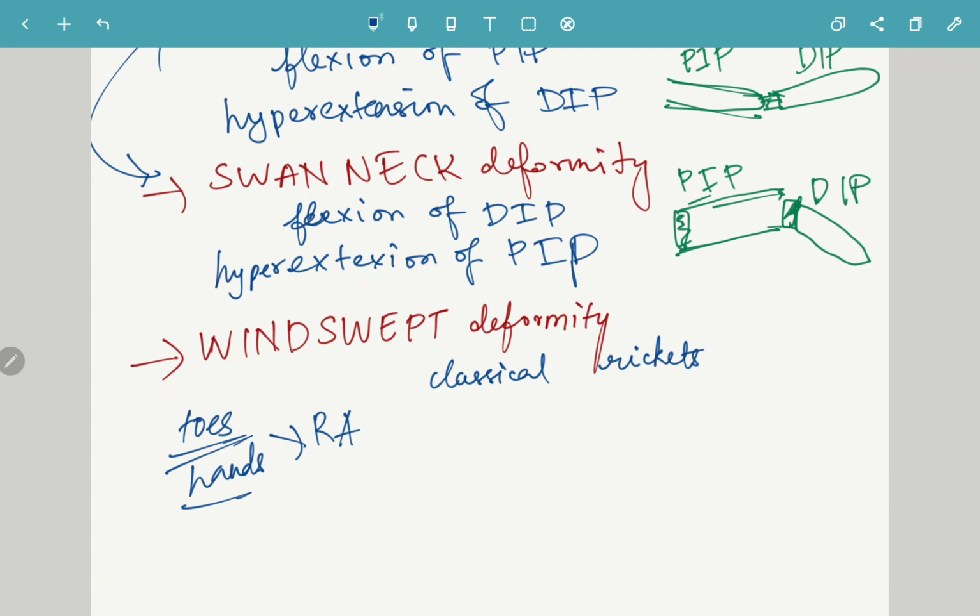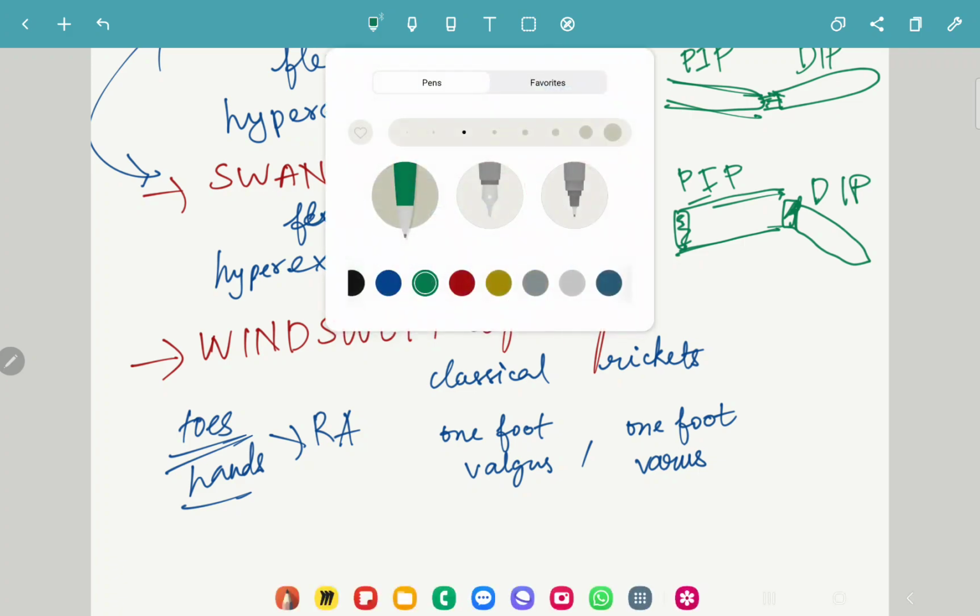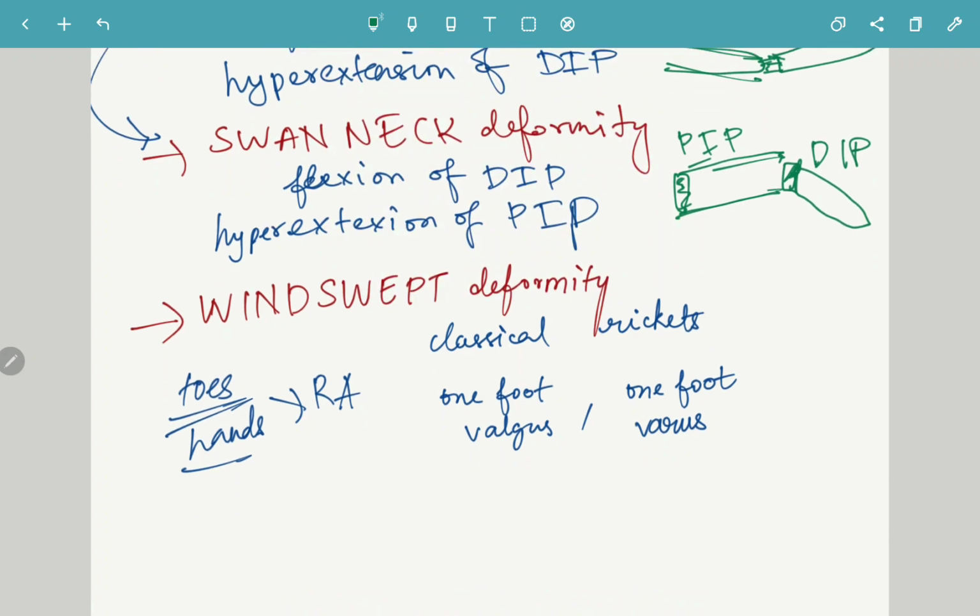So what is this windswept deformity? One foot is going to be in valgus and the other foot is going to be in varus, such that everything looks like a wind is moving everything in one direction. That's why it's known as windswept deformity. If I have to draw this figure, it's going to be like this.